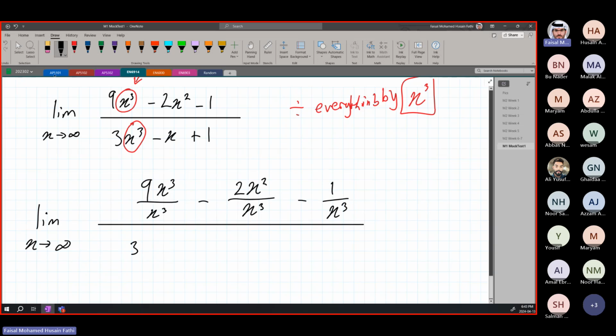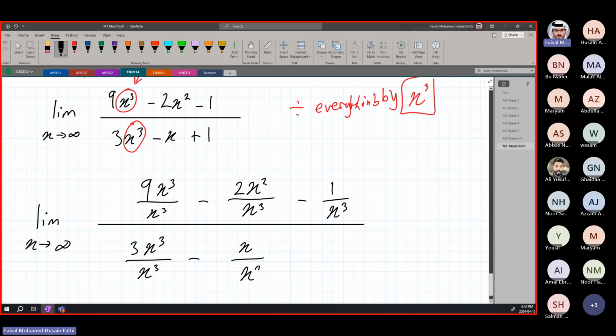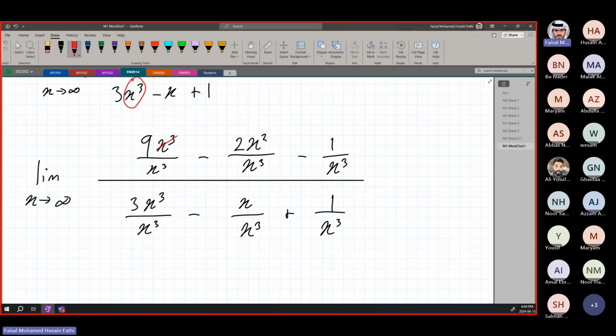Bottom side, you're going to do the exact same thing. 3x cubed over x cubed minus x over x cubed plus 1 over x cubed. If you notice here, these x cubes are going to get cancelled immediately, and these can be simplified. So the x cubed in the top is going to be x squared is going to go away, and we'll be remaining with 1 over here. And the same thing here, this x is going to go away, and we will remain with 2 over here.